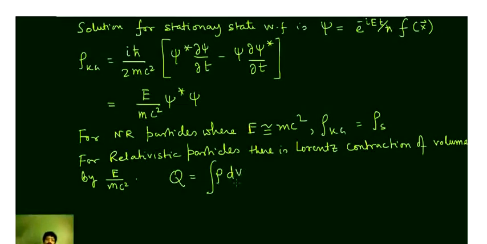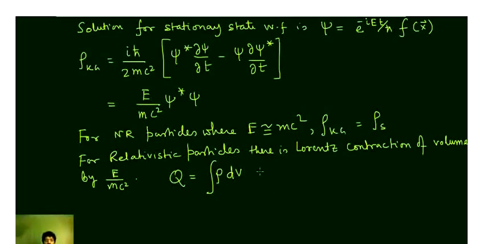So this volume is contracted by the factor E by m c square, but this density increases by a factor of E by m c square, and this Q remains invariant.